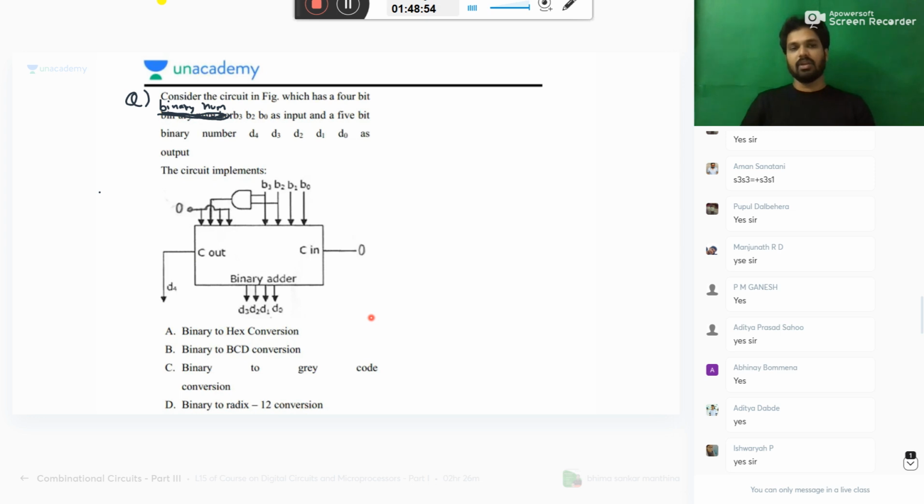The circuit is implementing what? You see, this is 0. You are adding 0 here for these. For this, you are adding 1 or 0 depending on whether this logic is true. It is similar to the previous case. So what he is asking is what it is doing: binary to BCD, binary to hex, binary to gray code, or binary to radix 12 or base 12. Shall I start the poll?